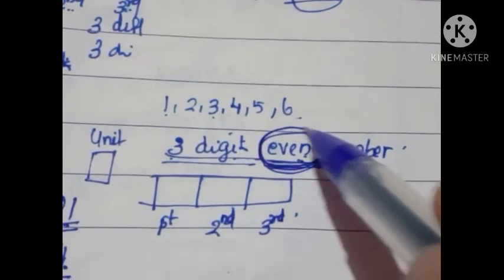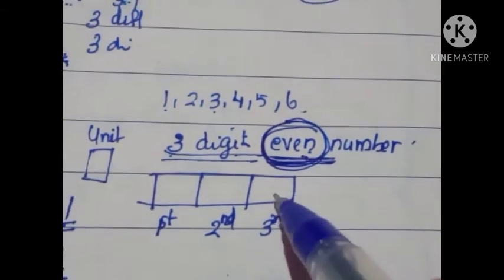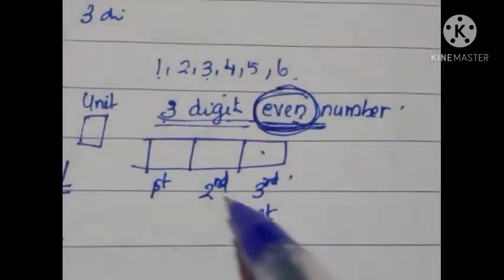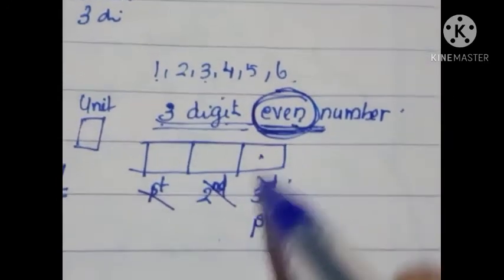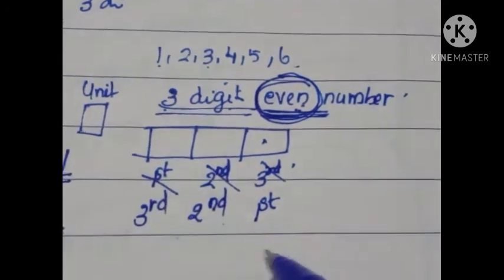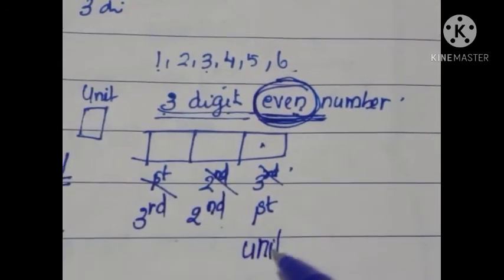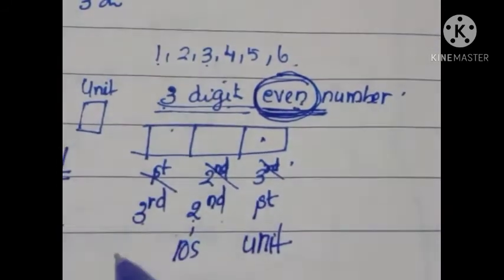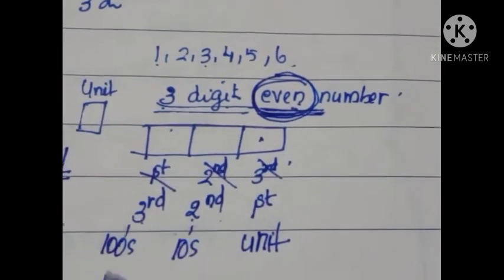So we need an even number, so we can consider the unit place as the first place. This is the first place, it is the second place, this is the third place. First place means unit place, second place means tens place, third means hundreds place.